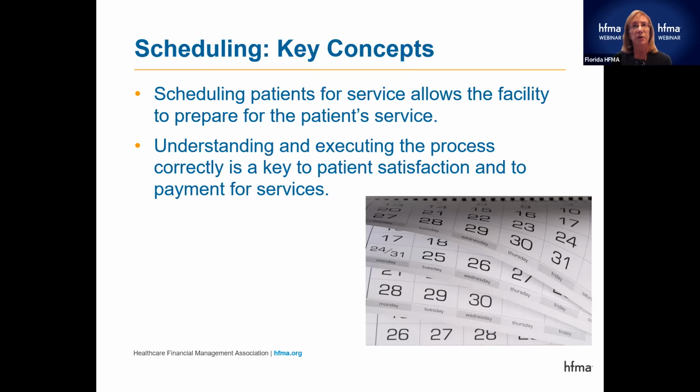Scheduling patients for services allows the facility to prepare for the patient's services by reserving time and obtaining information, equipment, and resources required to provide the service. It also allows the facility the time to review the appropriateness of the service, screen for managed care requirements, and resolve any financial issues prior to service.